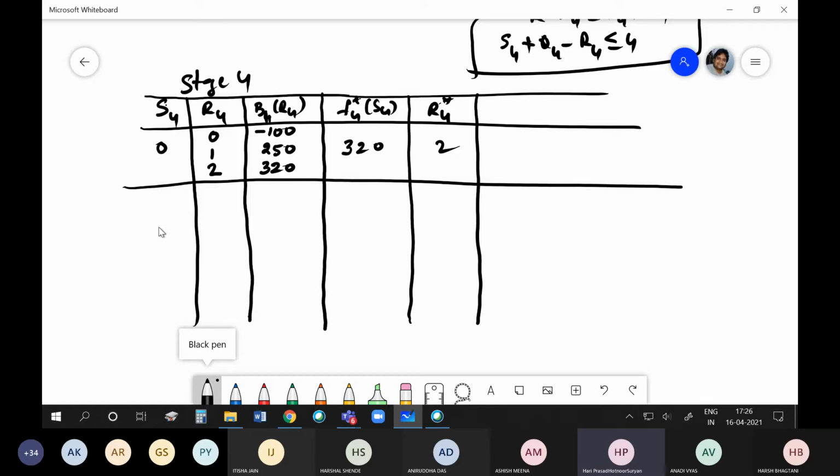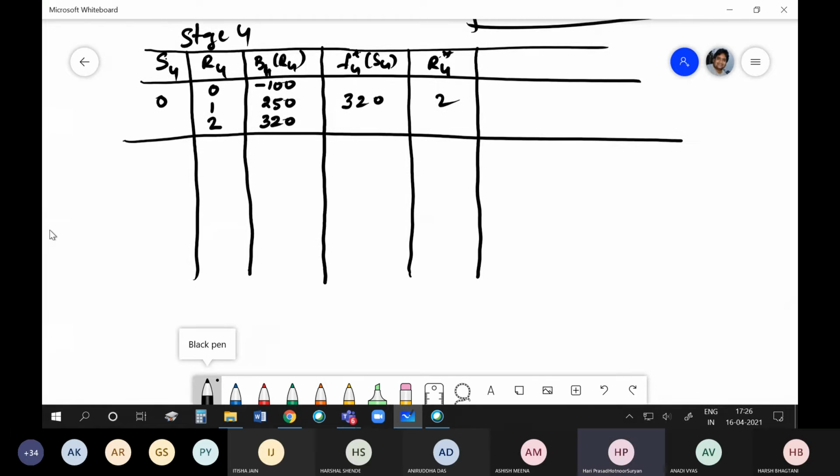So now let us come to the other one. Suppose I have a storage of 1 unit at the beginning of the 4th season. What are the possible values of releases I can have? 0 to 3: 0, 1, 2, 3.